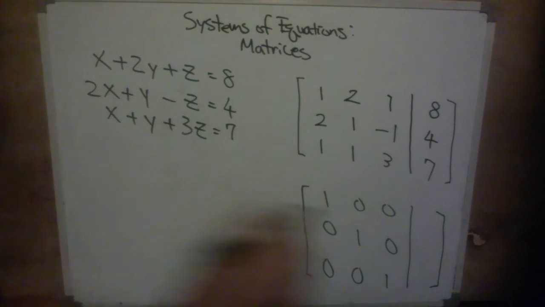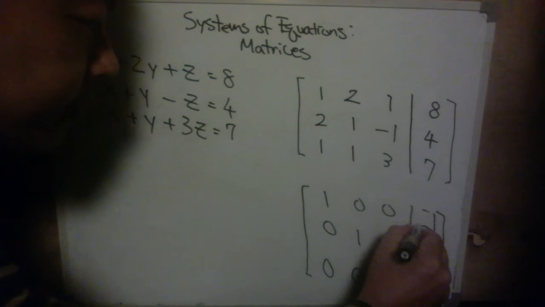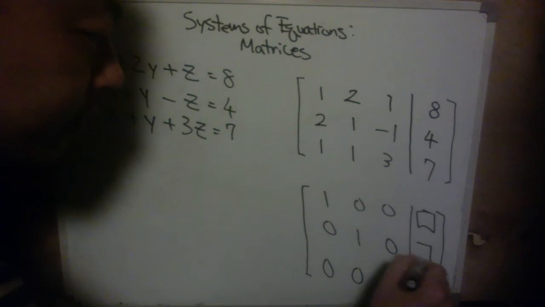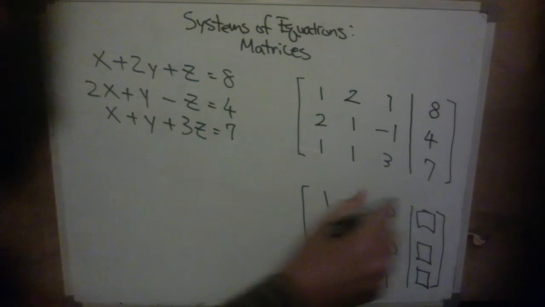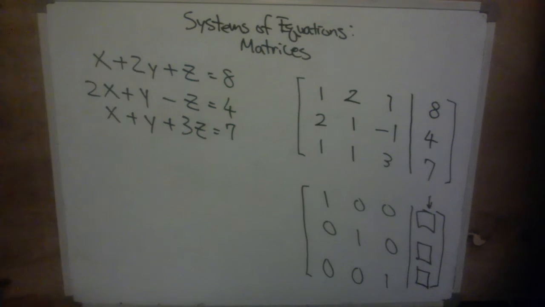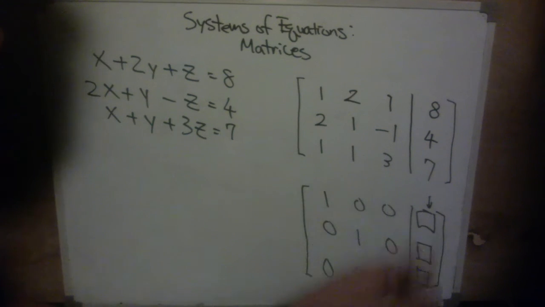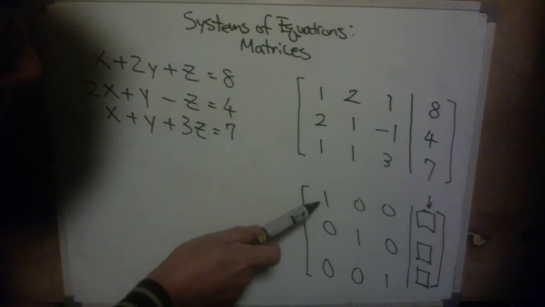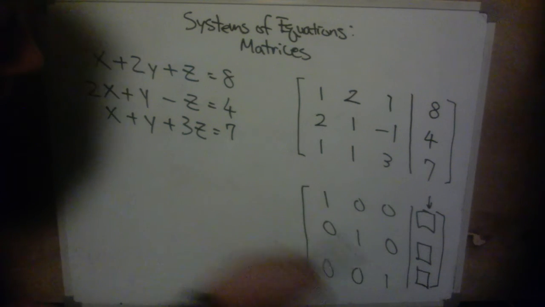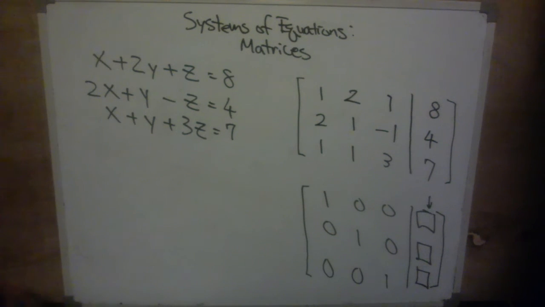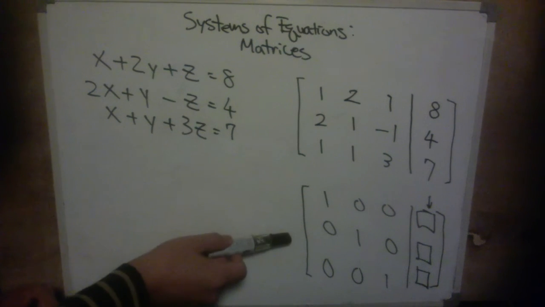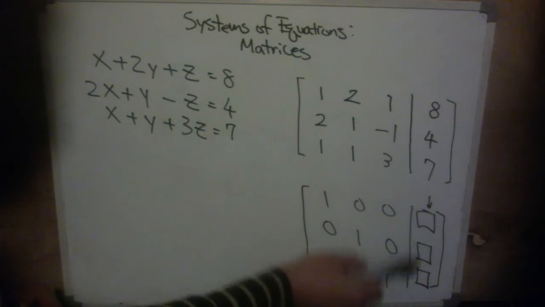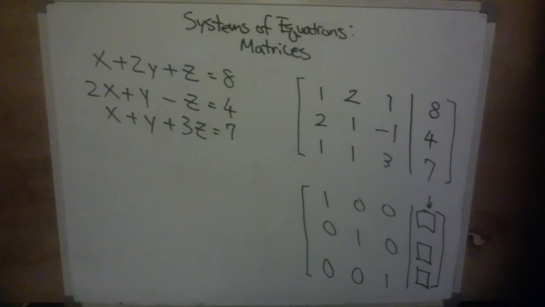And I'm going to have some number here, some number here, and some number right here. This column is going to be my solution. I want to have 1s in these diagonal positions. So I want to take this matrix and turn it into this matrix so I can get my solution. Let's do that.